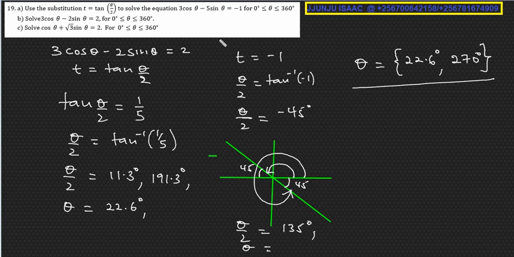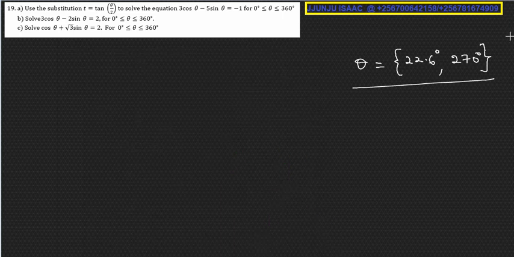So we have got 22.6 and 270 degrees with the T formula. Now let us use the other formula on the same number and we see what we get.